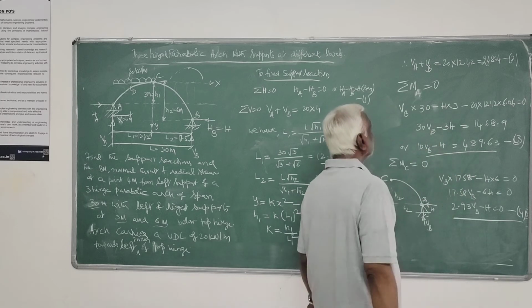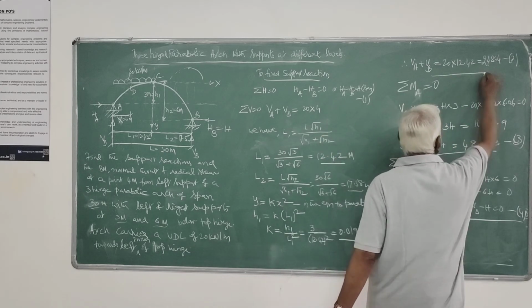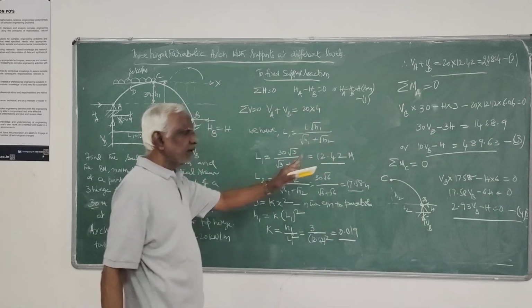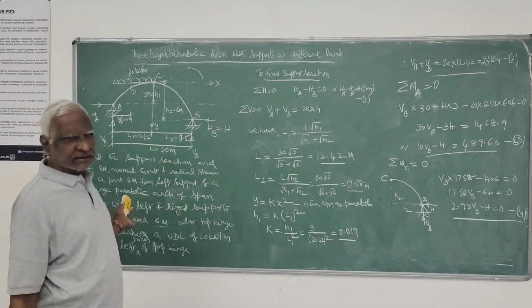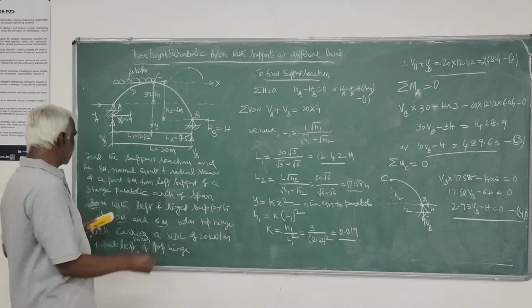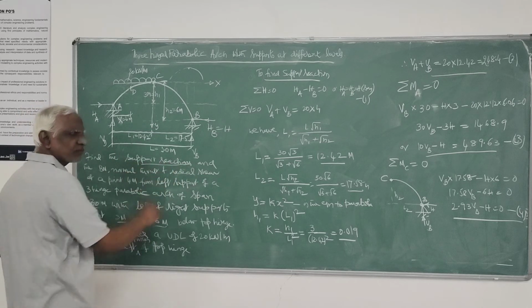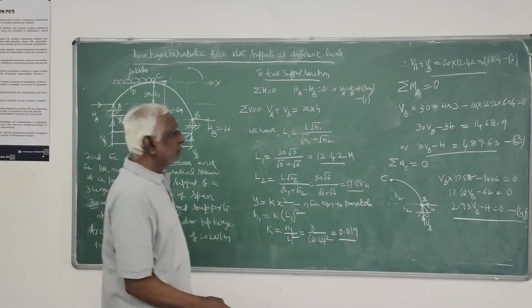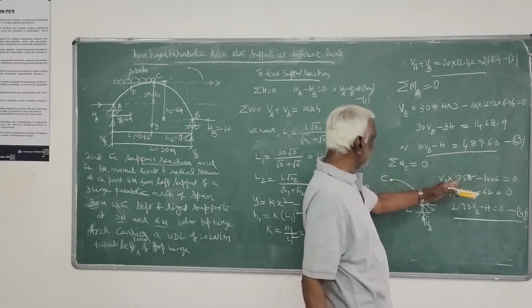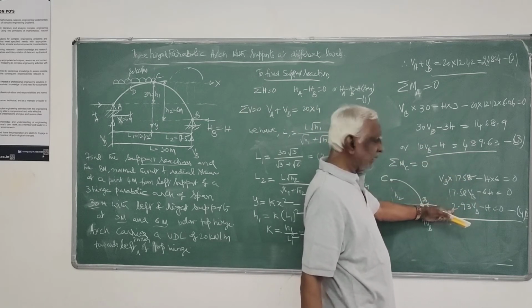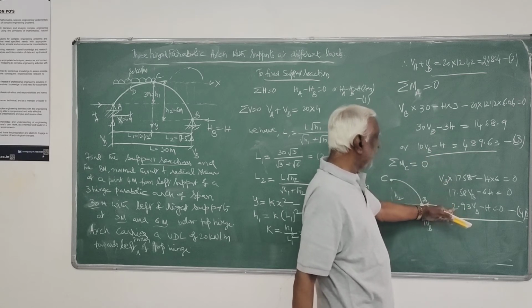These are the equations we have: 1, 2, 3, 4. Solving this, you will get all the reactions. That is your first thing, find the support reactions. If I solve 3 and 4, subtract one from the other, automatically VB: 10 minus 2.93.